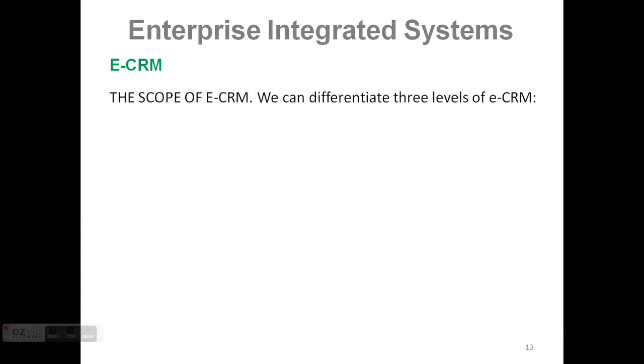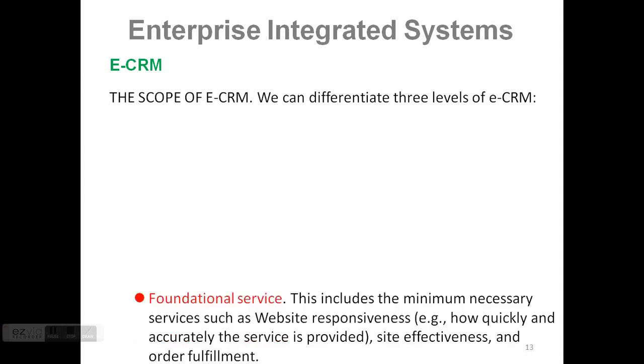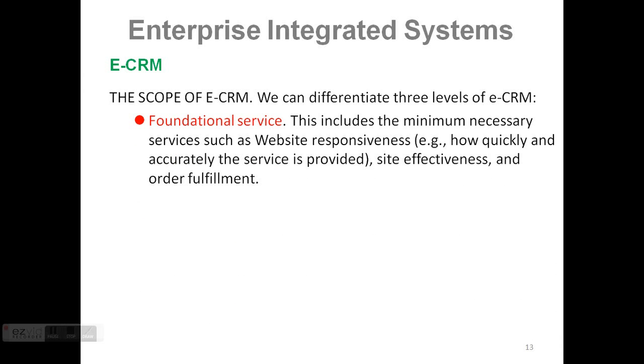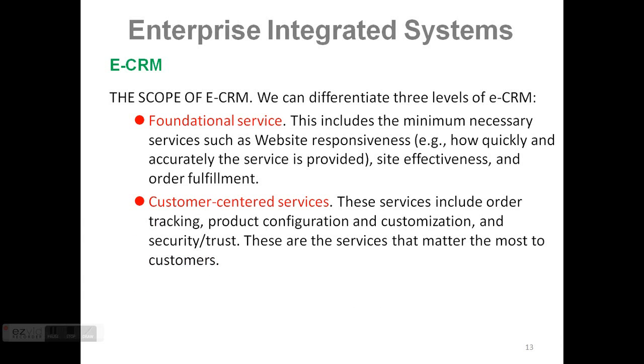There are also ECRMs, and for the scope of the ECRM, we can differentiate 3 different levels of ECRM. Foundational services include the minimum necessary services such as website responsiveness, how quickly services are provided through web, and site effectiveness and order fulfillment. Customer-centered services include order tracking.